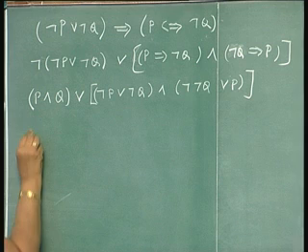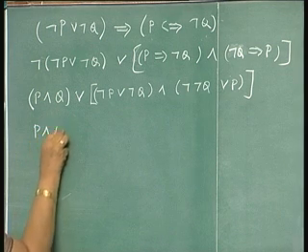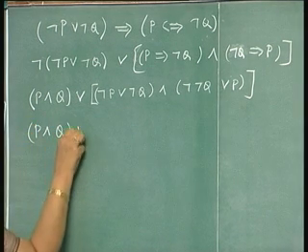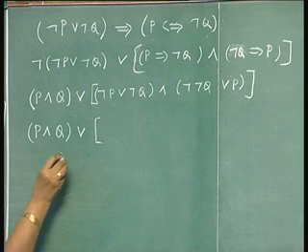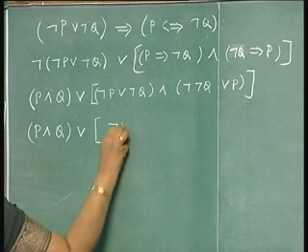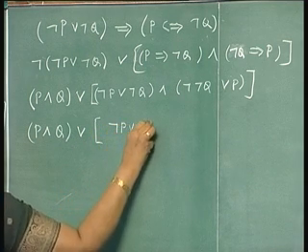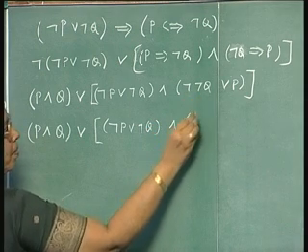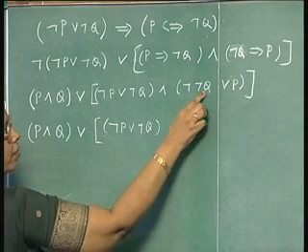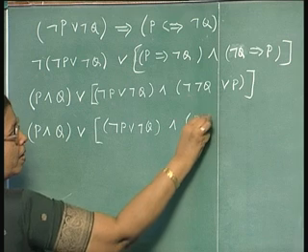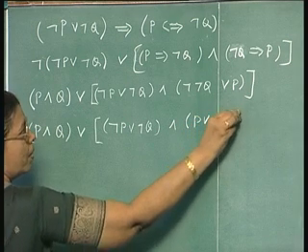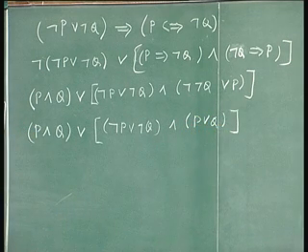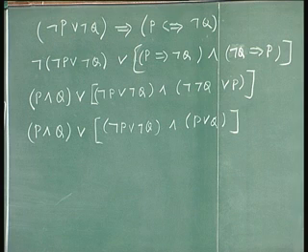So, what will you get? You will get P and Q or not P or not Q, and this will become not of not Q is Q. So, you will get P or Q. You can use distributive laws now.